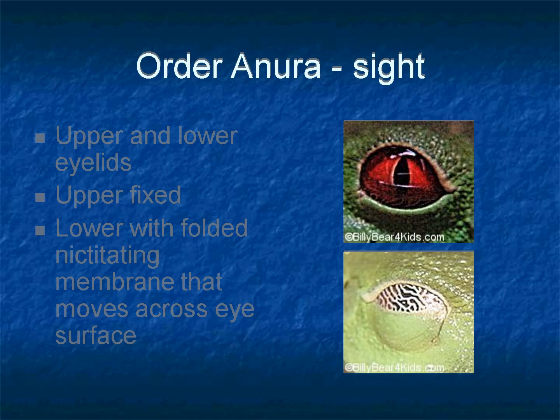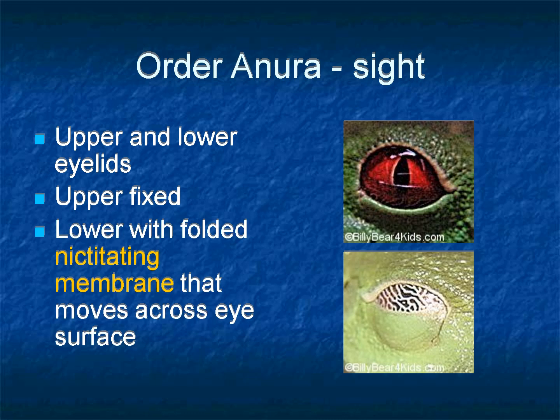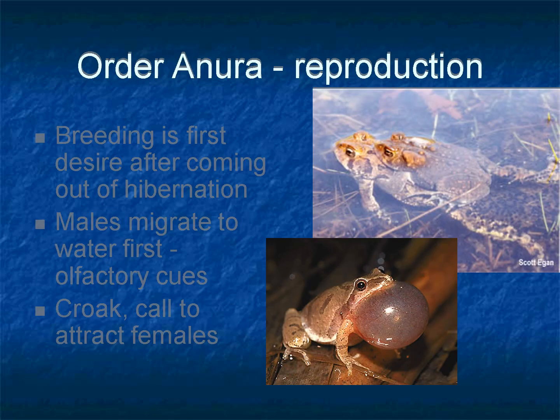Further, amphibians' upper and lower eyelids also have differences. Like the upper eyelid is fixed and the lower one is attached to a nictitating membrane which moves over the eye surface. The final topic of our amphibian chapter is reproduction.